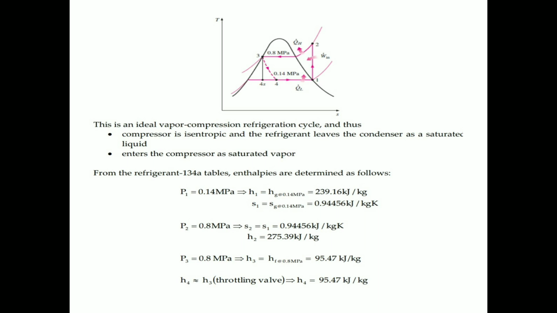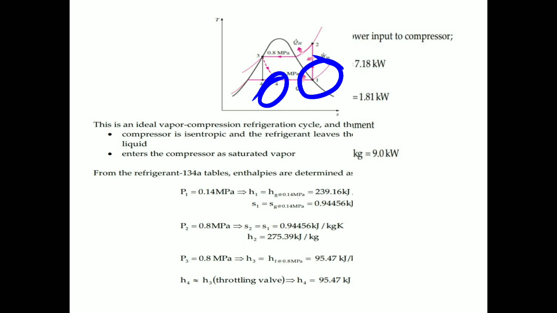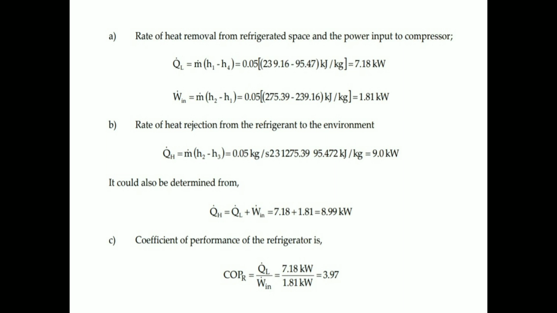We have values for H1 and H4, and we are asked to find the rate of heat removal, so we have to multiply with the mass flow rate. So m dot 0.05, that is the mass flow rate, and H1 is equal to 239.16, and H4 we know, and we end up with the answer 7.18 kilowatt. So this is the rate of heat removed from the refrigerated space.